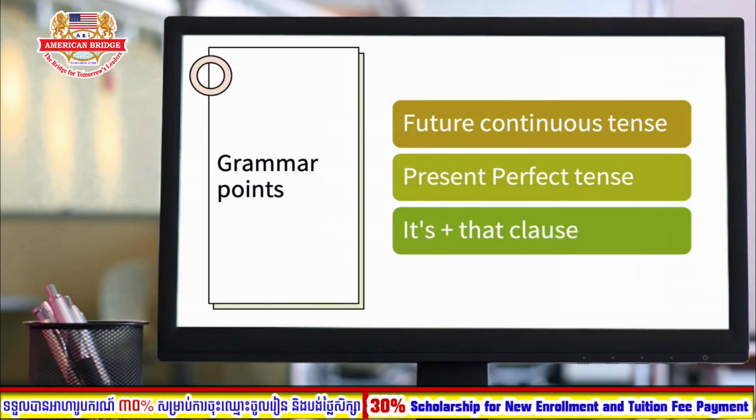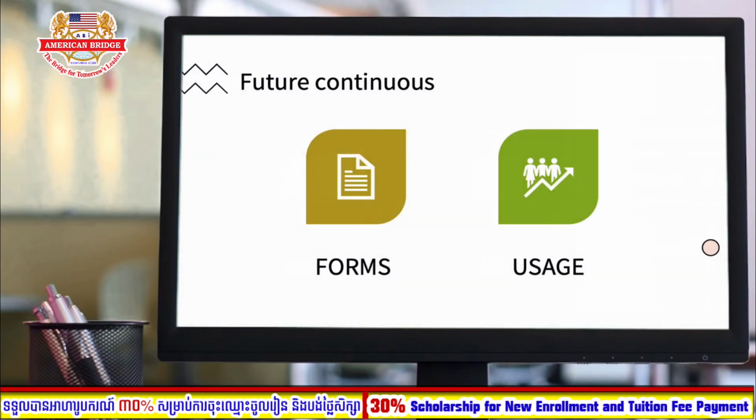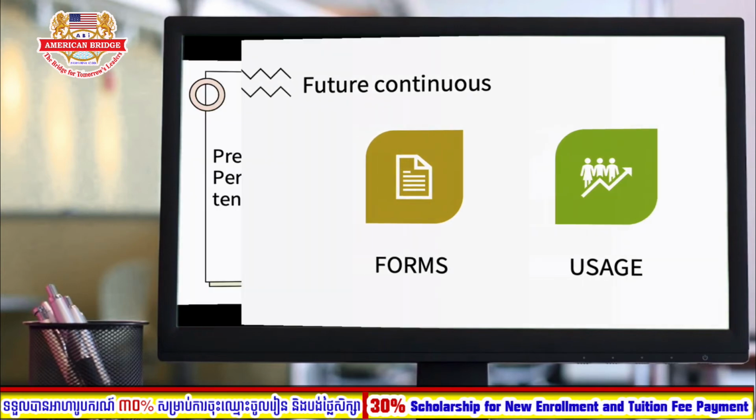For the grammar points, in the quiz, there are only 3 main grammar points for you to review. The first ones are the future continuous, present perfect tense, and it plus that clause. For the future continuous, be sure of the form, and then think about the usage, when to use future continuous.